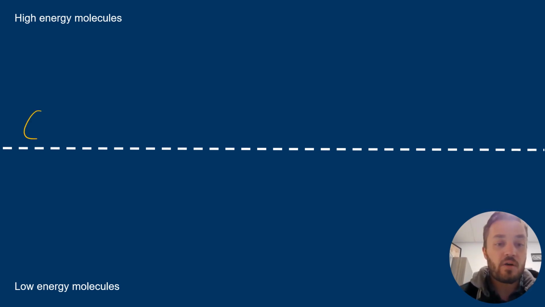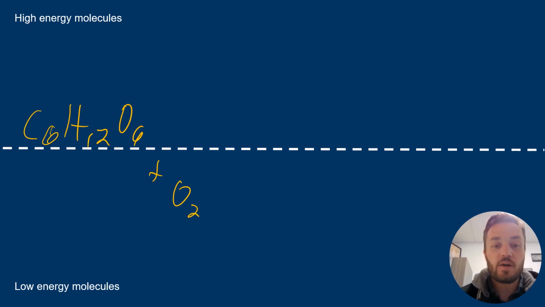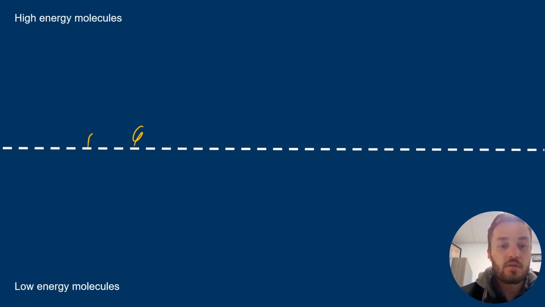I have a high energy molecule, C6H12O6, plus a low energy molecule known as oxygen, right? Let's rewrite that to be less confusing. Let's erase this. Let's rewrite that. We're going to take our low energy molecule, oxygen, plus our high energy molecule, C6H12O6.